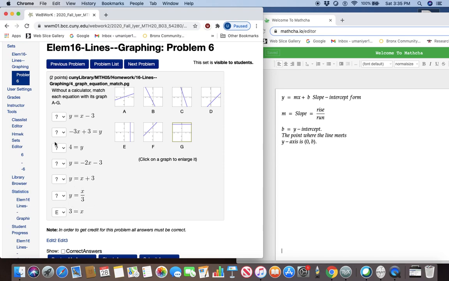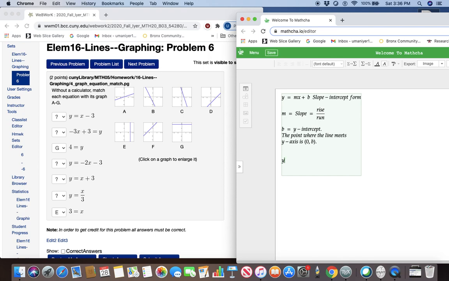So y equals 4 is the horizontal line G. All right. Yet another way of viewing it, y equals 4 means y equals 0x plus 4.